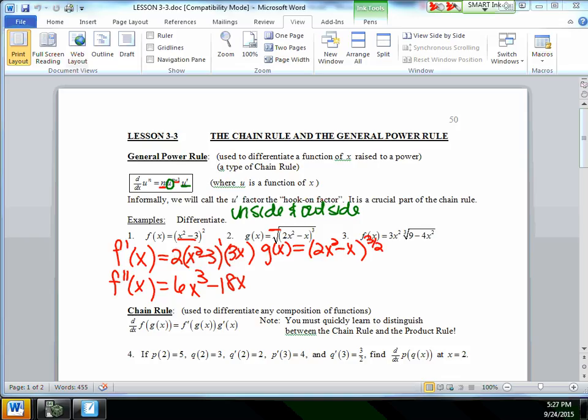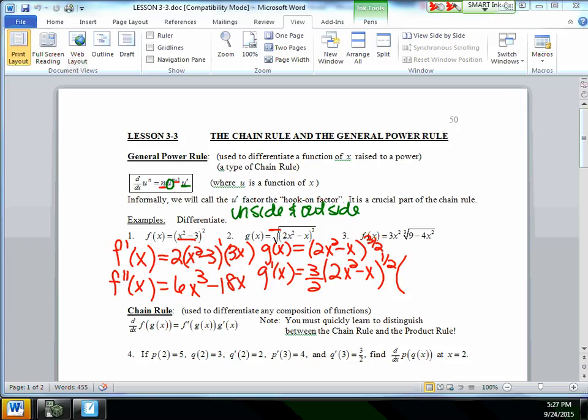So once again, I ask myself, what is the outside function? It's the power. So now g prime, the power 3 halves comes in front. What do we do to the inside? Leave it alone. Now we have to subtract 1 from the power, which leaves us with a half.